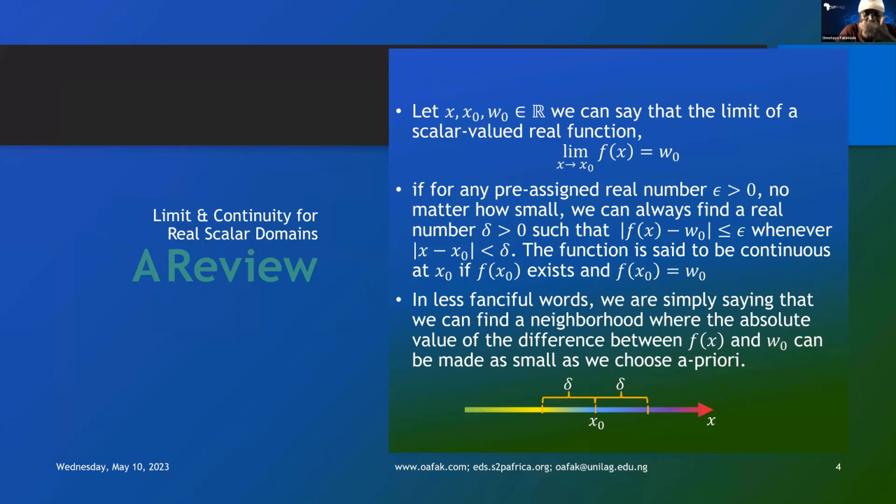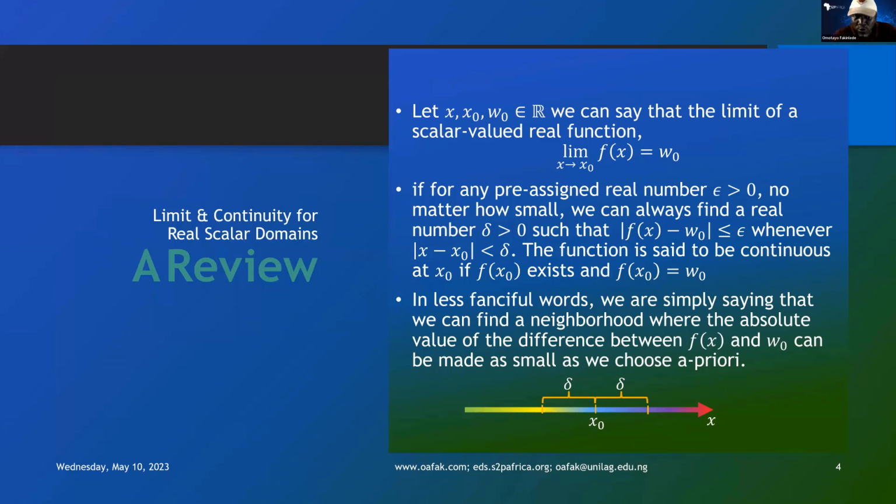But we turn it around. We can have scalar valued functions of vector argument. An example is magnitude. Magnitude is a scalar valued function, but the argument is a vector. You can also have the magnitude of a tensor, which is a scalar valued function whose argument is a tensor.